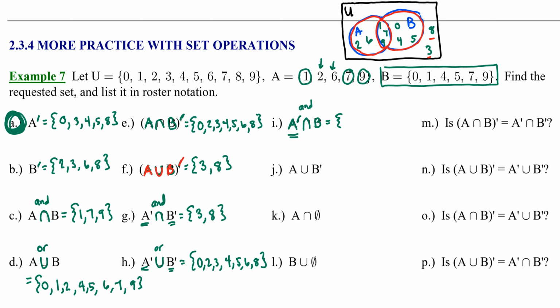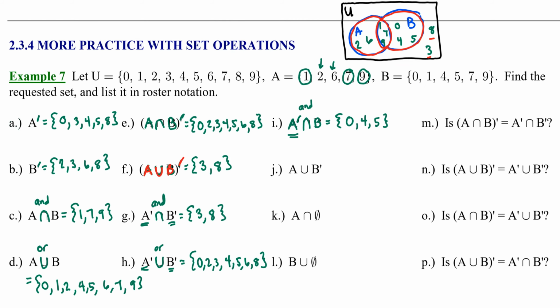Comparing this set that we found here with B in the original listing, what they have in common is 0, 4, and 5. And those are all of the common elements.